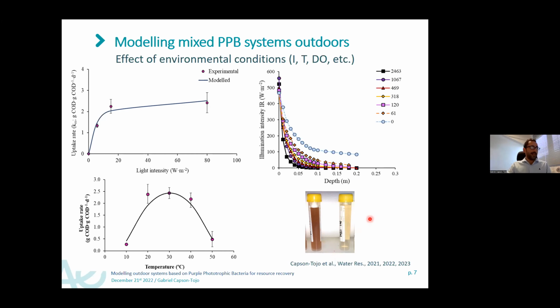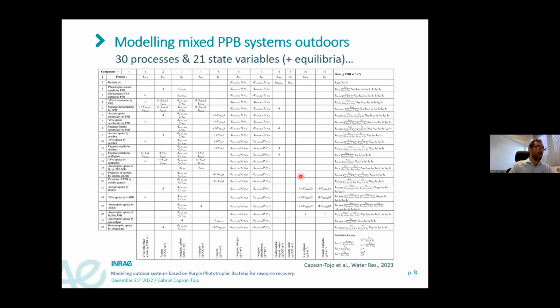And so we put all this together, together with a biological model and a chemical model, pretty much what Francesca also presented. And we ended up with something pretty complex, basically because of all the organisms that we described before and all the processes. So 30 processes, 21 states, plus equilibria. And I'm not going to go through the whole thing, it doesn't make sense.